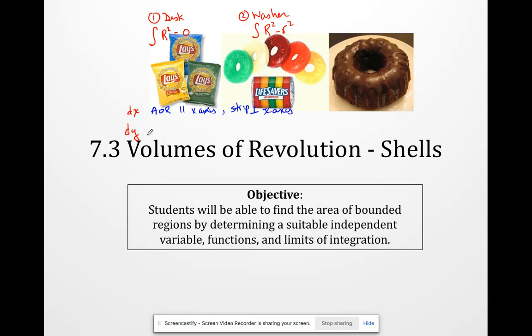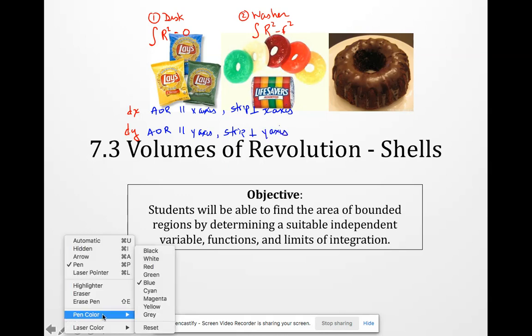That was dx. For dy, your axis of rotation was parallel to the y-axis. And the strip that you drew, or the slice that you were making, was perpendicular to the y-axis. That was true for both discs and washers.